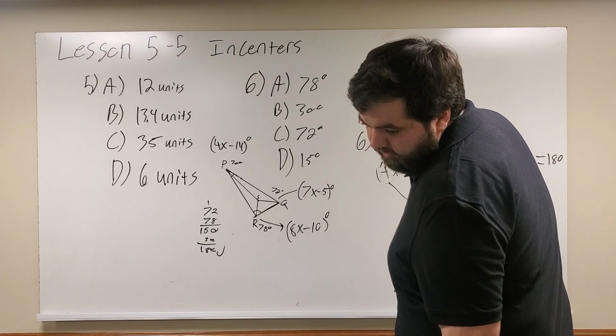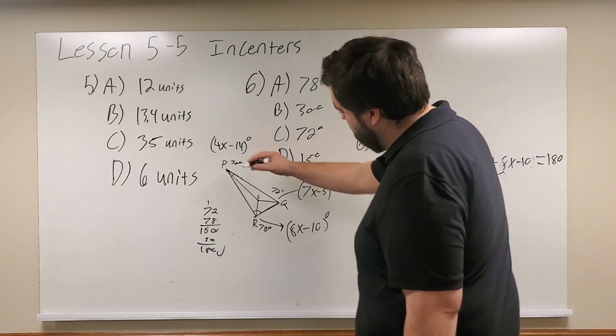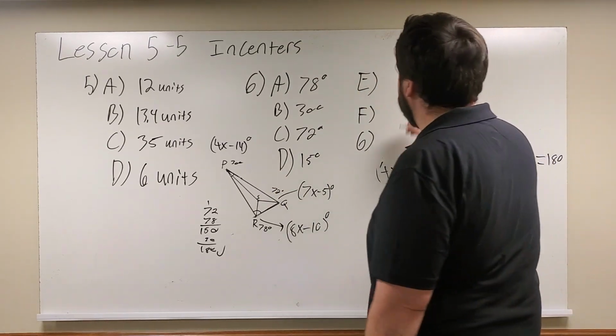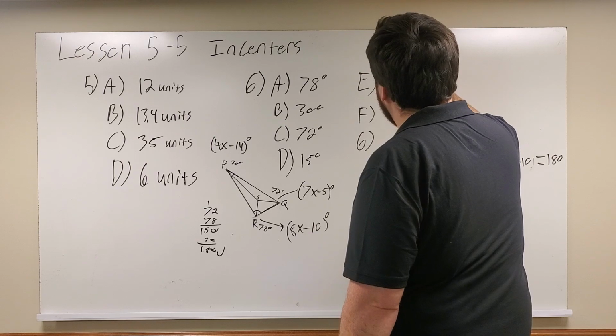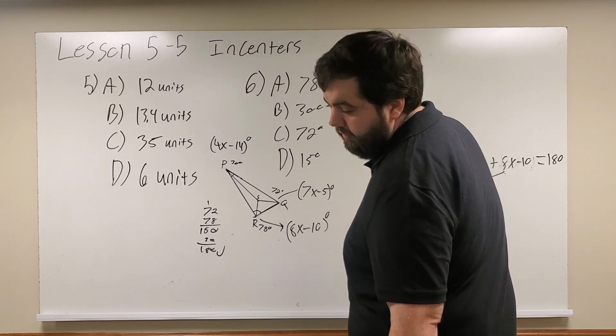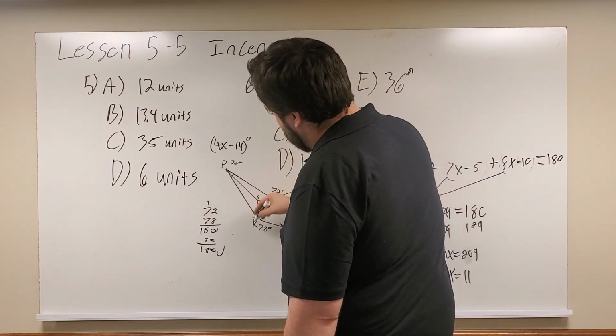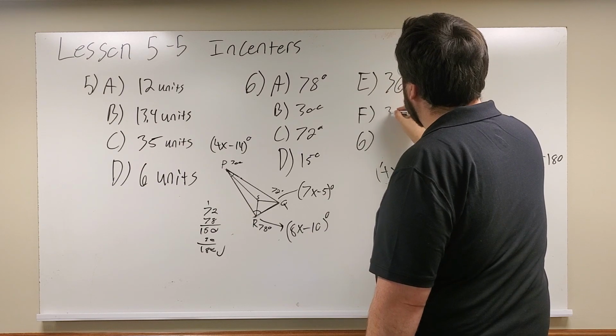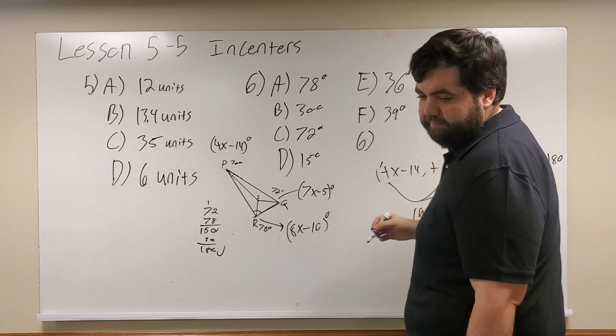Let's see. E, PQS. So that's going to be half of 72, and that's going to be 36 degrees. F, we have PRS. That's going to be half of 78. That's going to be 39 degrees.